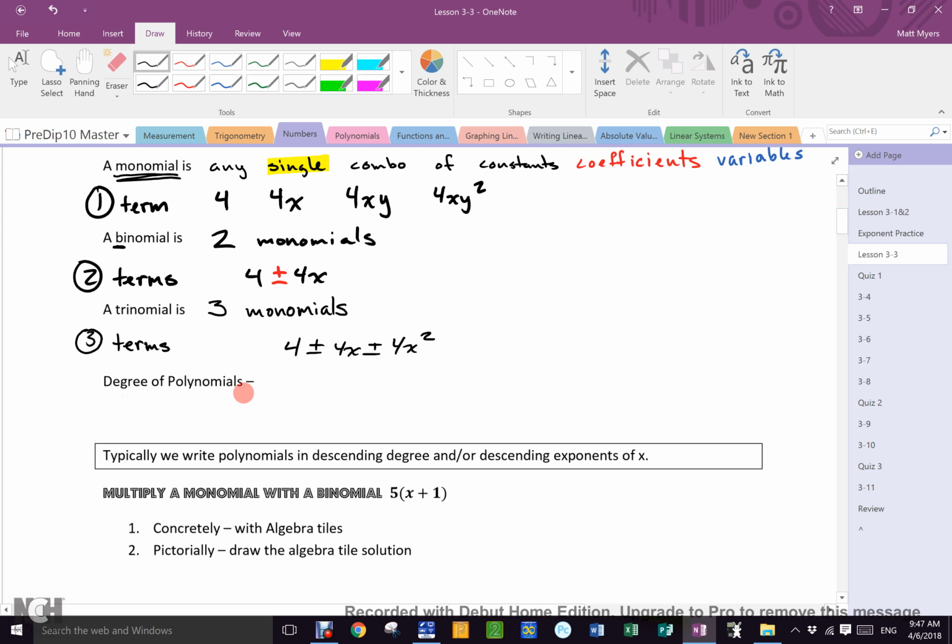Degree of polynomials. The degree of polynomials, it's a mathy thing. They'll talk about it, and it tells us how we write them down.